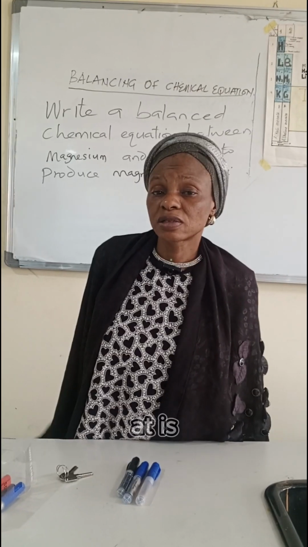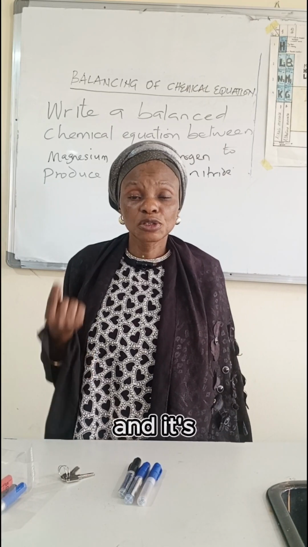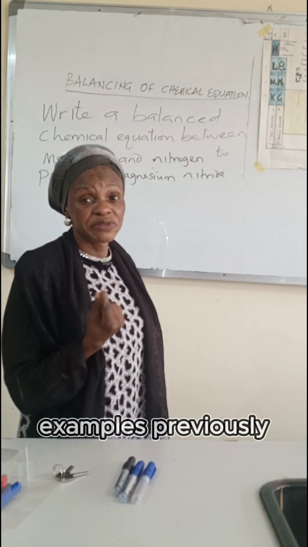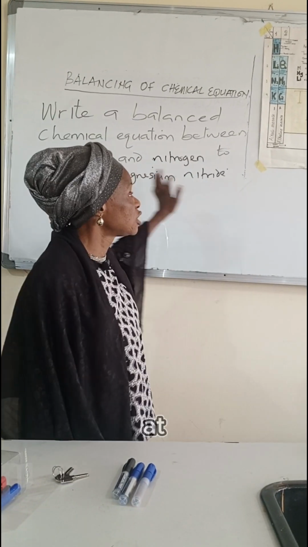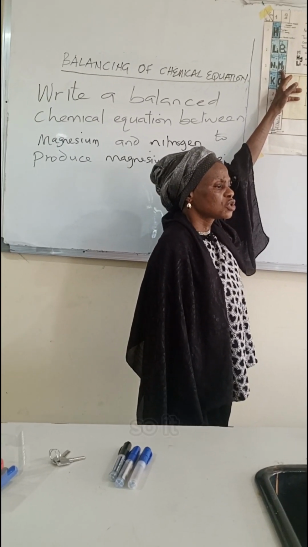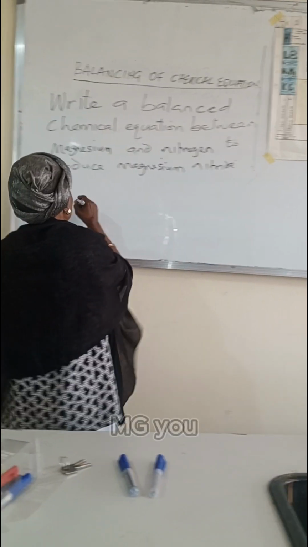Next example we shall be looking at is the reaction between magnesium and nitrogen. And it's going to be done exactly the way I've done the 2 examples previously given to you. Look at it now. Look at magnesium. Look at magnesium's position here. It's in group 2. So it will be written as the symbol Mg.